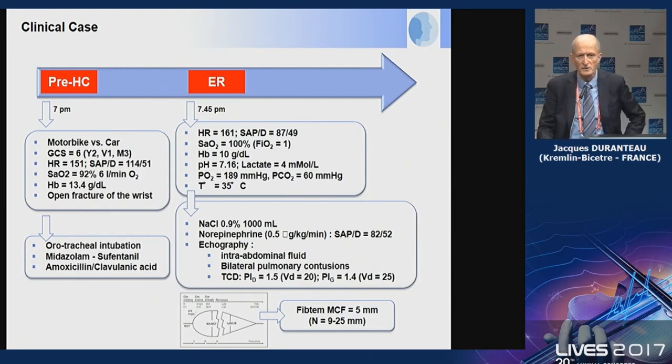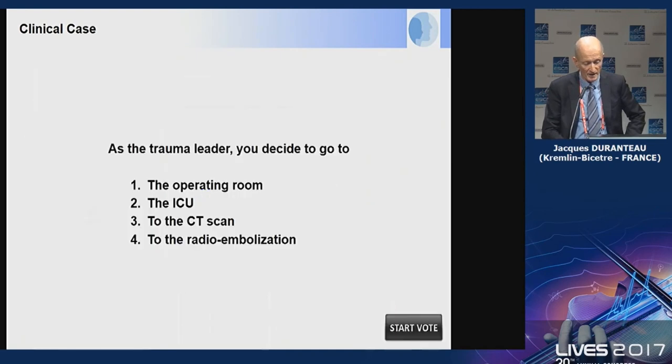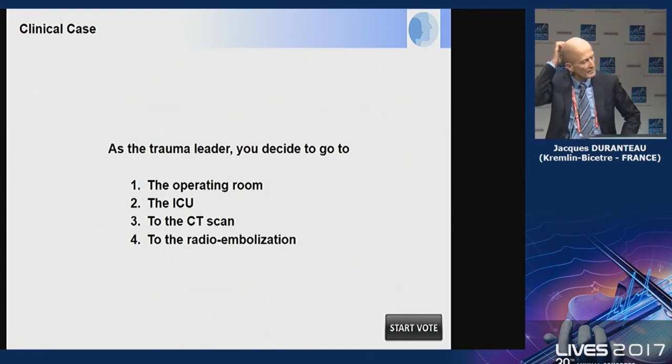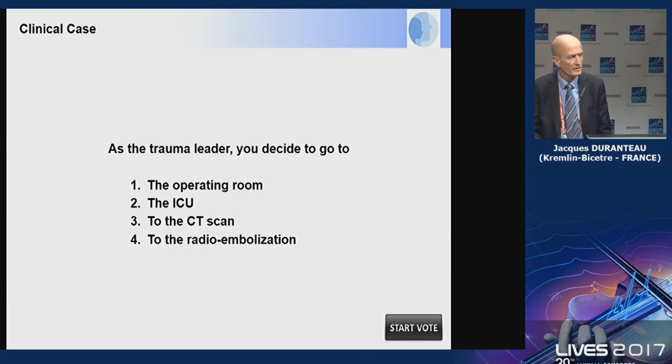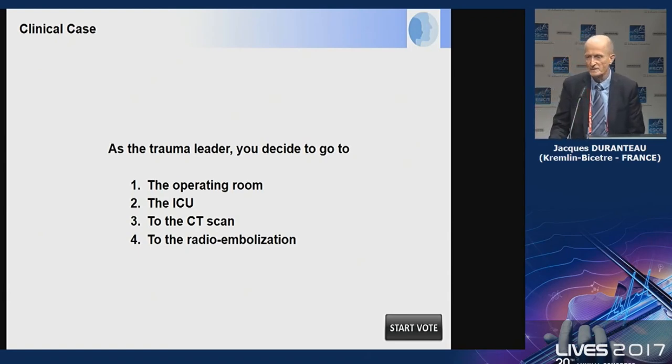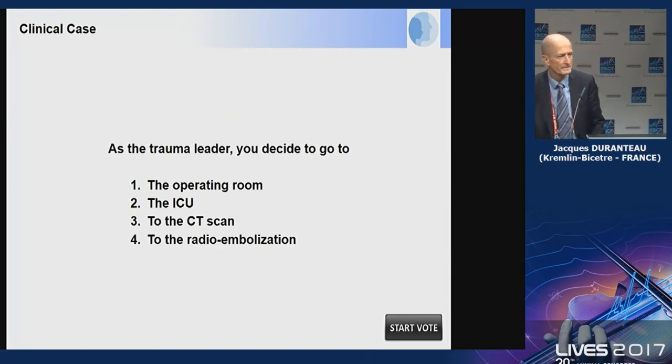You have your surgeon at your side. Do I have to go to the operating room, or do I stay in the ICU because my emergency room is close to the ICU? Or do I have to go to radioembolization, or is it possible to do a CT scan? What do you think of this? What is your feeling about this?